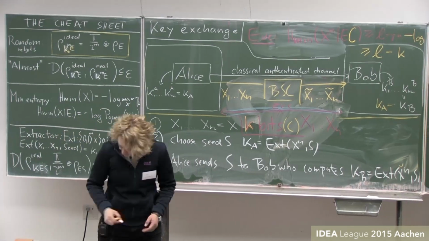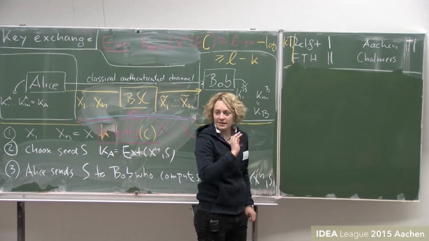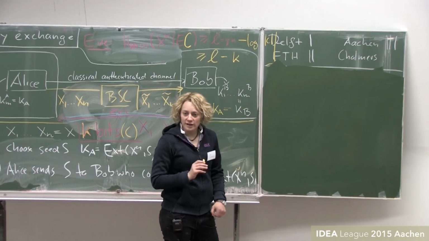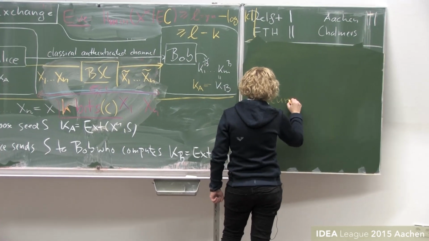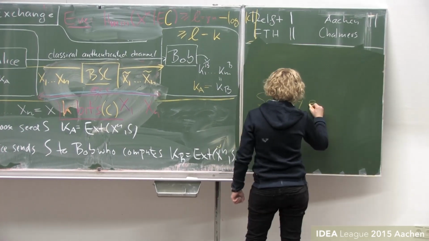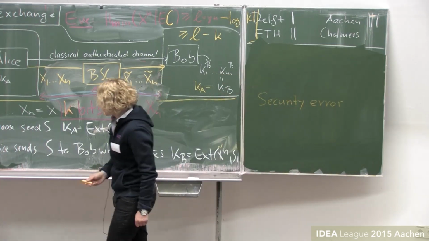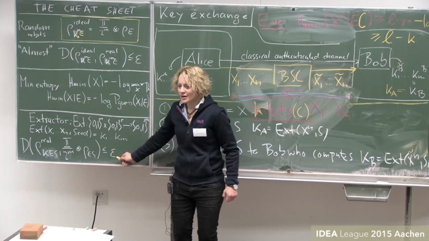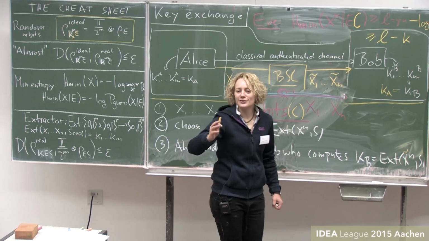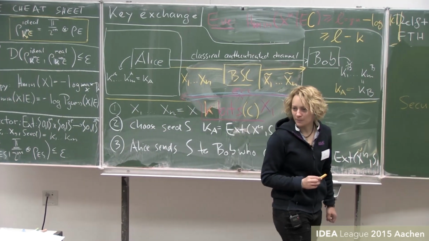So this brings me to an important point that I want to make now: if we design a scheme, there are going to be all kinds of errors. There's what we already talked about, which I will call a security error, the epsilon here. We're going to generate a key, but we only know that it's epsilon close in terms of the trace distance to the ideal scenario.